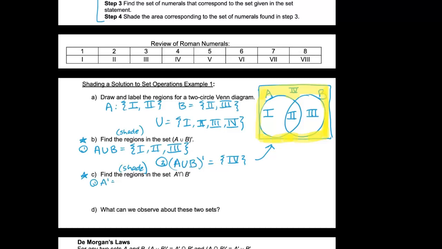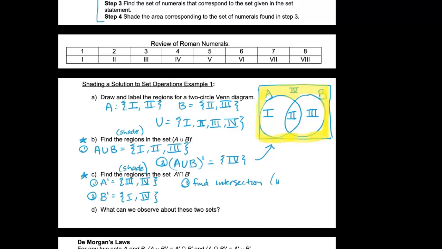We know that A is 1 and 2, so A complement is going to be 3 and 4, since complement means what's not in A, the other ones that are missing from A. Then step 2 is to find B complement. If B has regions 2 and 3, then I'm going to include 1 and 4 for B complement.